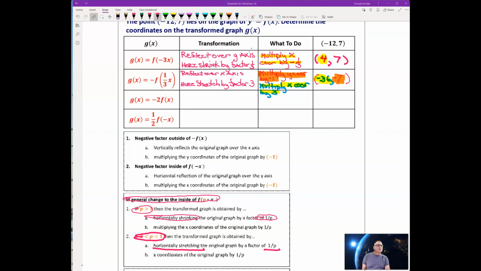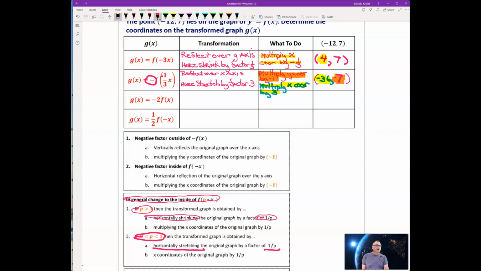All right, so we took on this problem right here, the negative on the outside is going to flip it over the x-axis. So I multiplied each y-coordinate by negative 1. So the 7 became negative 7. All right, and then the 1/3 on the inside.